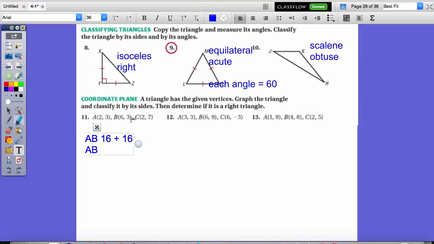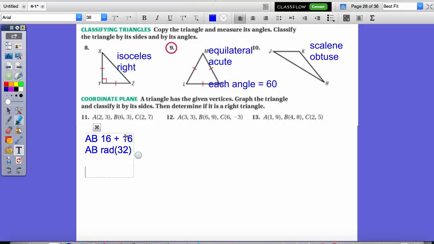So 16 plus 16 is 32. So your length is radical 32. You don't really have to worry about how long radical 32 is, just a matter of if it's the same as something else. So that was AB.